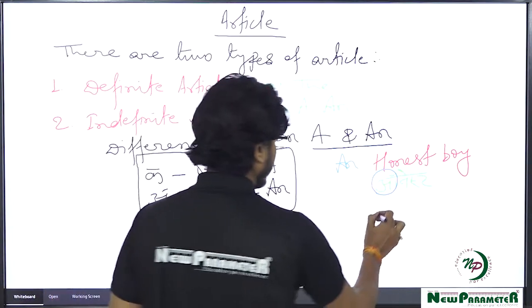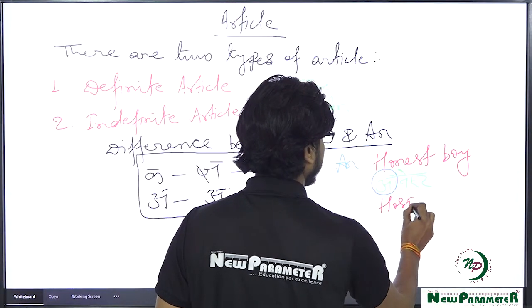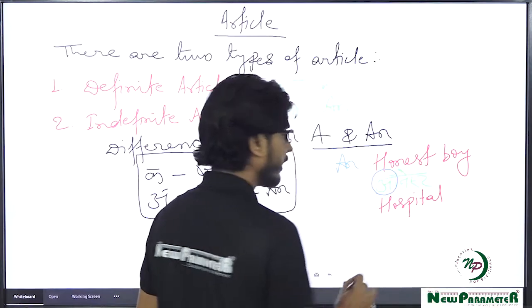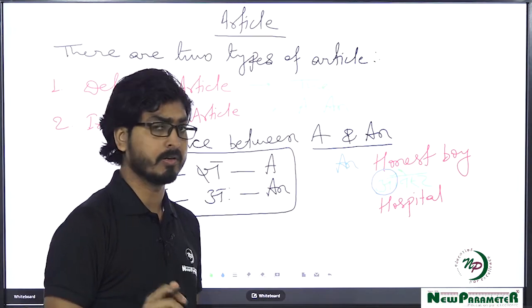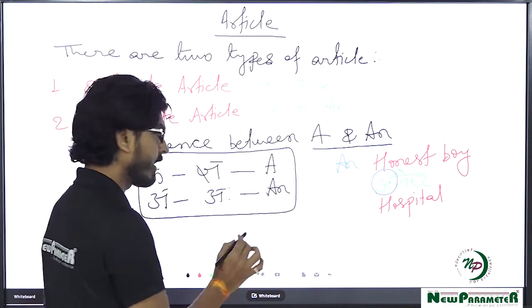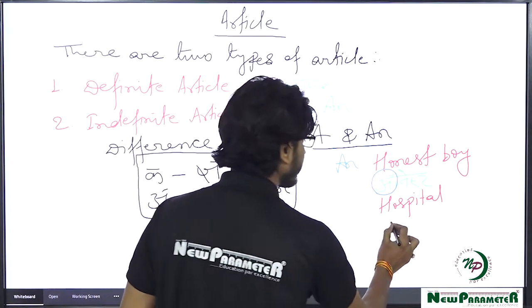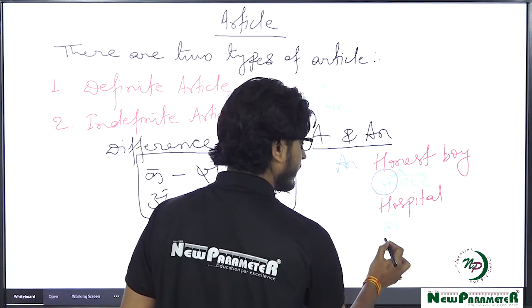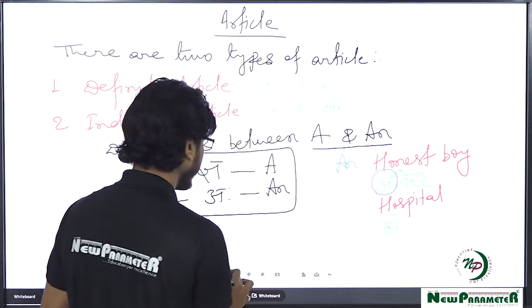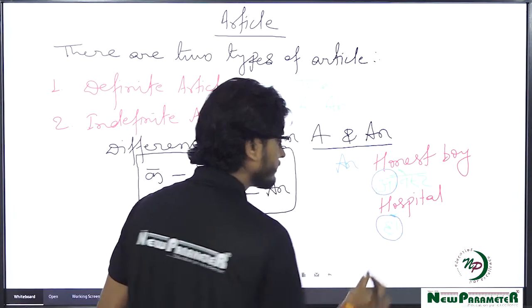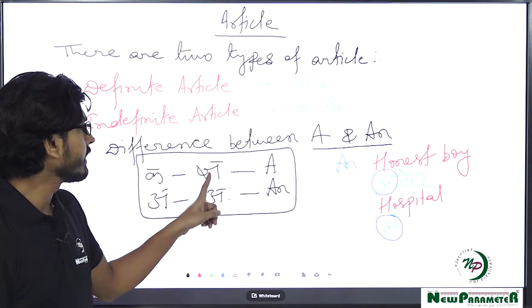If I say hospital, you don't have to say aspatal, not at all. We have to just write in Hindi hospital. It means the first letter pronounces between ko and gyo.